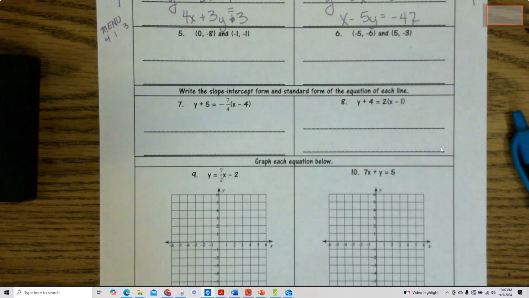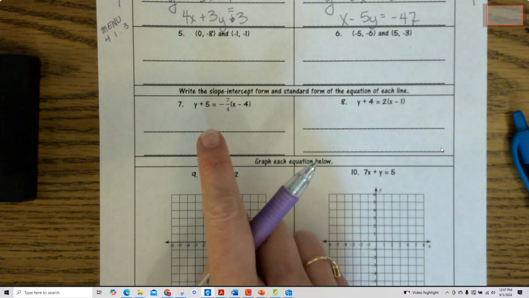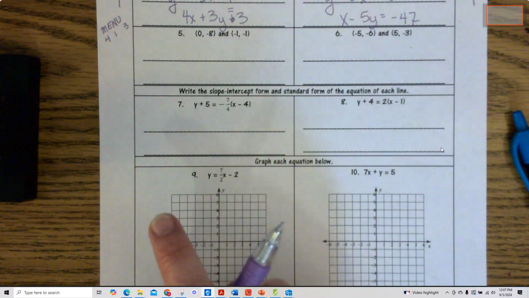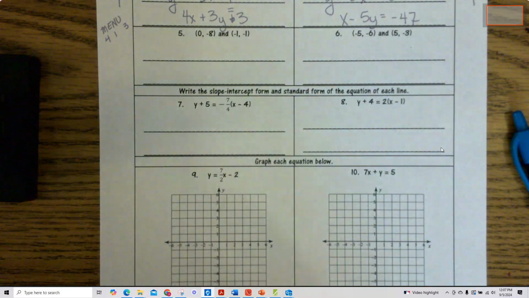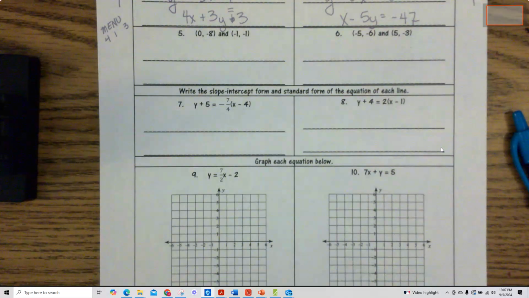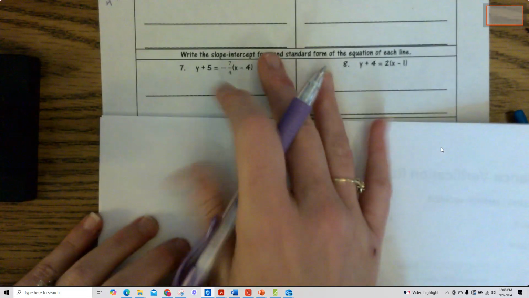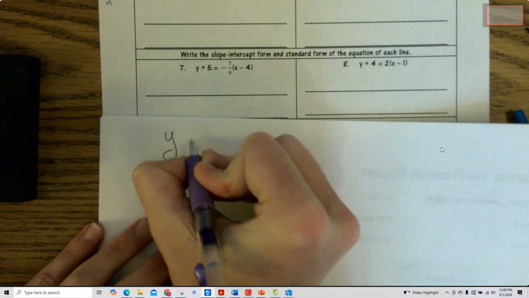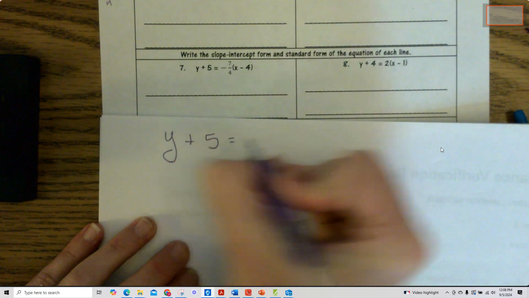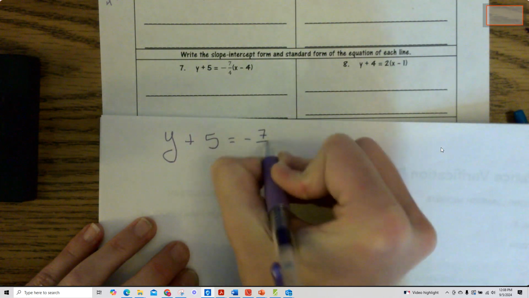Now, write the slope-intercept form and standard form of the equation of each line. Okay, so these are written in point-slope form. So what I can do, the easiest one is always going to be slope-intercept form.